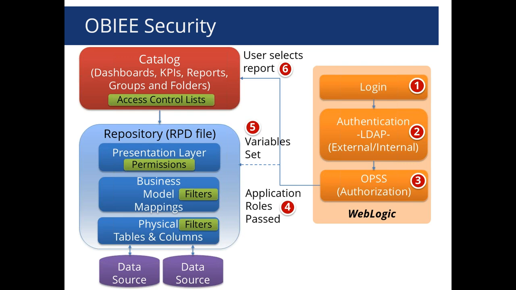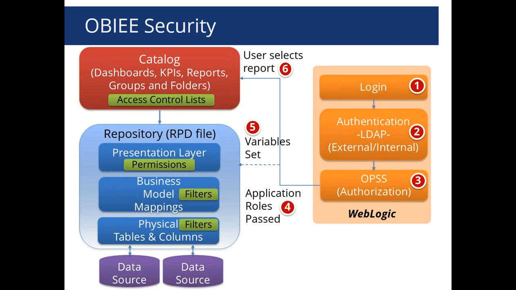If you are familiar with the three panels, so to speak, on the RPD in the BI admin tool, on the left you have the presentation layer, which is the uppermost layer of abstraction, where you're setting permissions as to who, or what application group, can see what, be it a column, a table or a row.